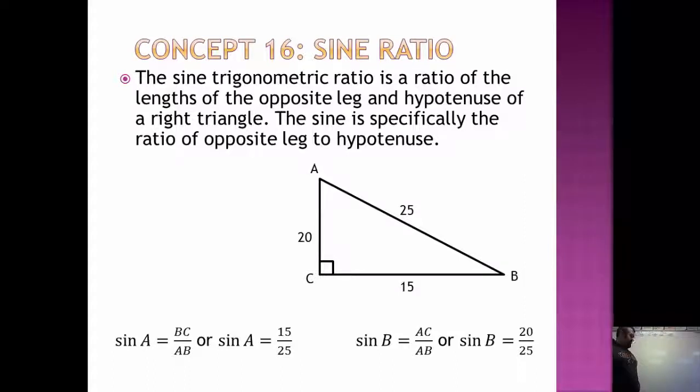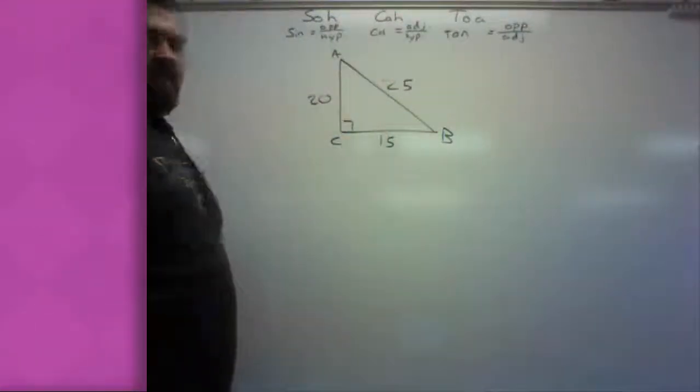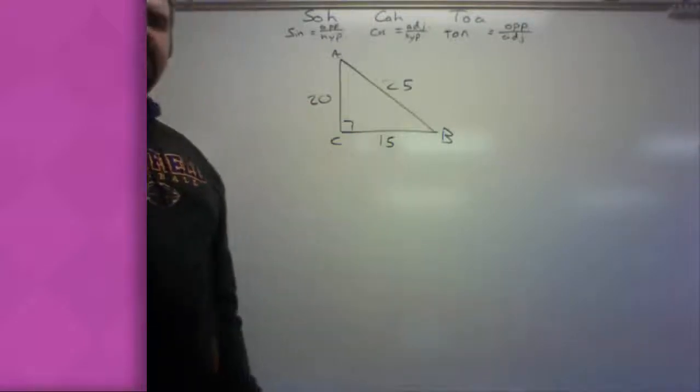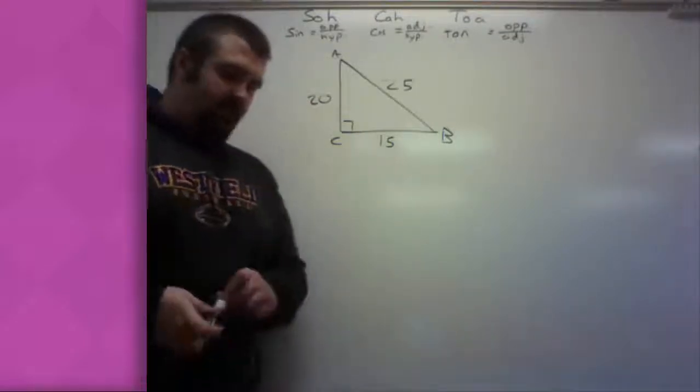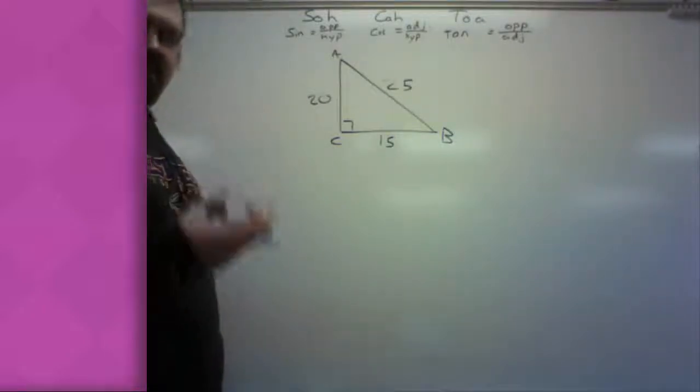It's a ratio. If you remember what I was saying last video, if I look at a ratio of side lengths here, 15 to 20, that'd be the same thing as 3 to 4. Yes, this is a 3, 4, 5 right triangle. But what if I'm given two other pieces of information instead of the legs?